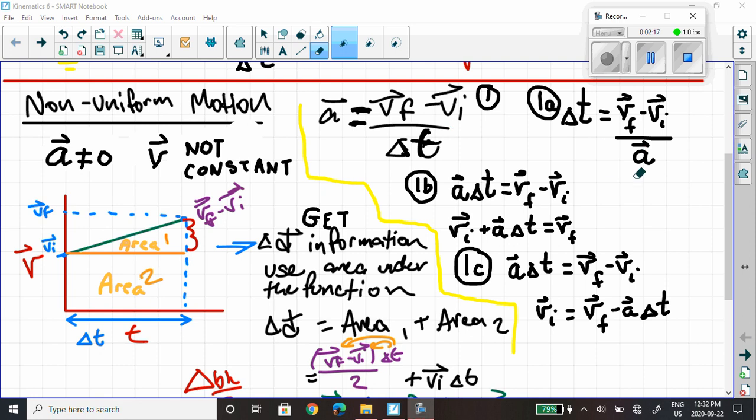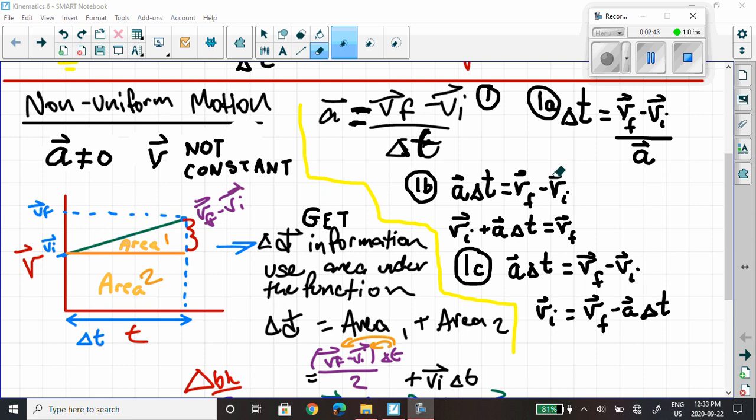Then what you can do is multiply this equation, which I'm calling 1a, on each side by acceleration. If you multiply this side by acceleration, it cancels out. If you multiply this side by acceleration, you get acceleration multiplied by time. And that's what I have here. Acceleration multiplied by time is final velocity minus initial velocity. There you have it.